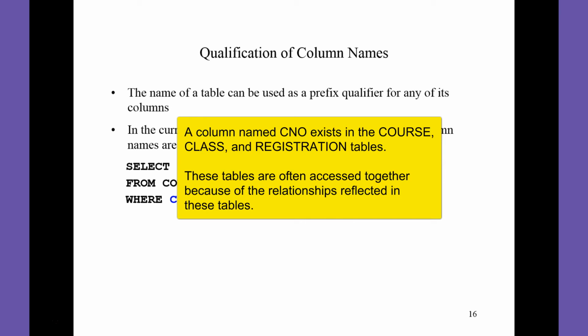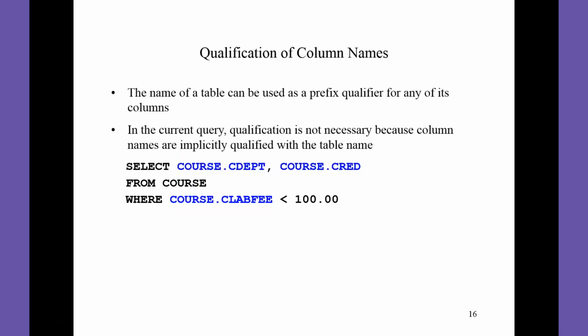Class and registration both have a column named SEC, the section number. This is very common in practice. So when we access multiple tables, it may be necessary to qualify the name of the column. We're showing you one way of doing it here, using the name of the table.